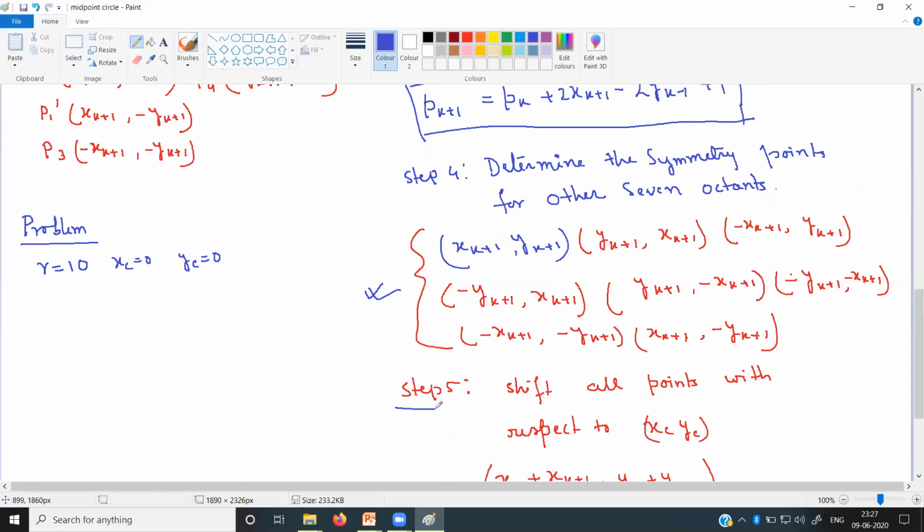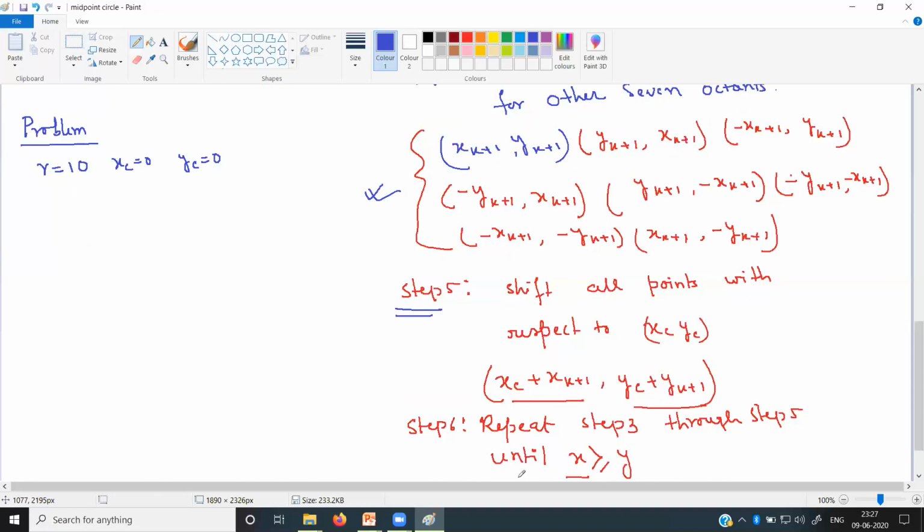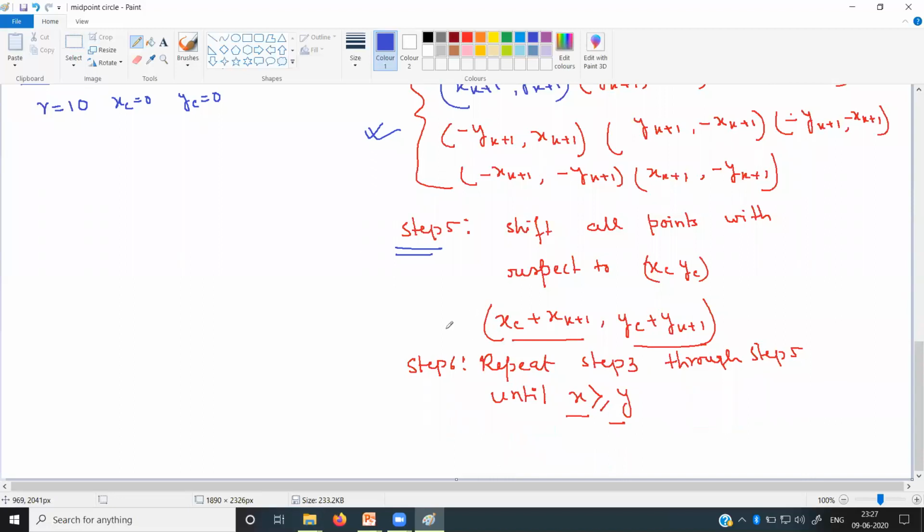Step 5 is only used for plotting purposes. The x and y values after shifting with respect to the center of the circle will be used only for plotting, not for finding the decision parameter in the next iteration.